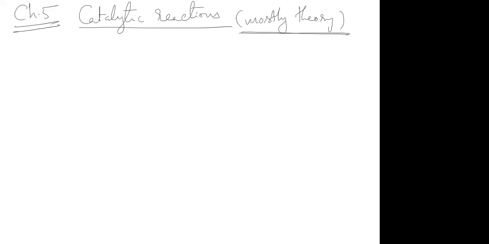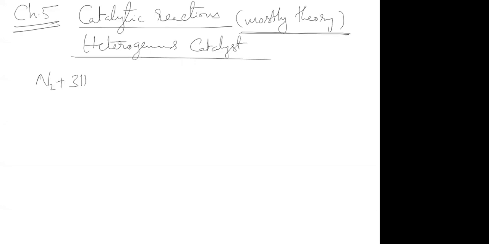So what are we talking about with catalytic reactions? If you see the GATE syllabus, it is clearly mentioned that we are talking about heterogeneous catalyst. So we are talking about reactions like N2 plus 3H2 gives 2NH3. What is the catalyst here? Iron.